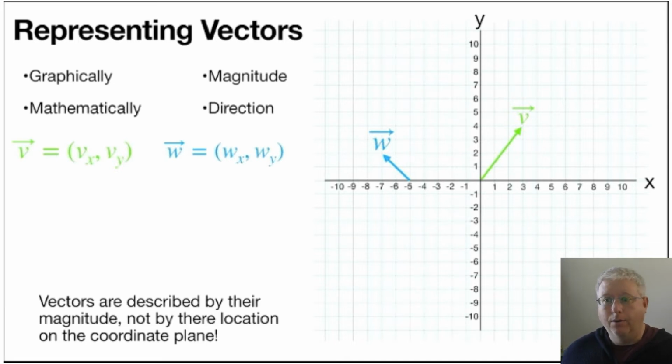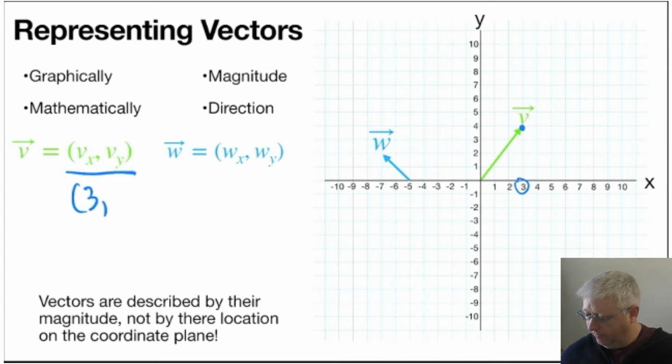All right, so if we describe the magnitude of vector v, vx, vy, we can look over and see the head of the arrow is pointing to what? 3 on the x-axis, so this ordered pair would be 3, and 4 on the y-axis, so that ordered pair would be 3, 4. So that is its magnitude.